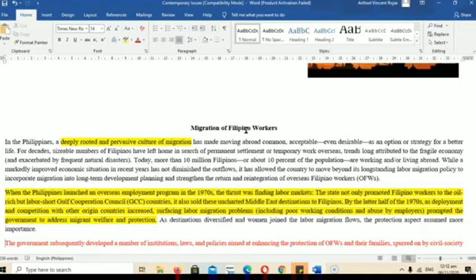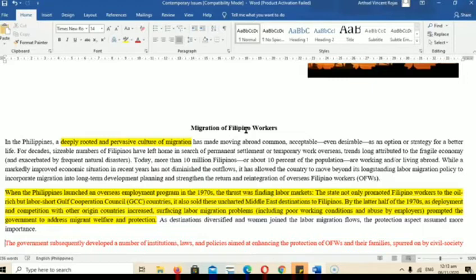So in the Philippines, a deeply rooted and pervasive culture of migration has made moving abroad common, acceptable, even desirable as an option or strategy for a better life. So again, we have this termed as the brain drain.